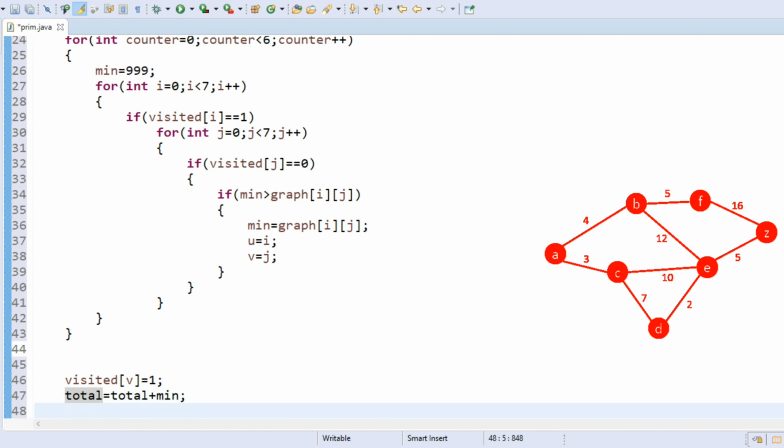So we are going to update the total value every time, and we are going to print System.out.println. In that, first I am going to print the edge connected, that means source. Okay, what is the source? u is our source.